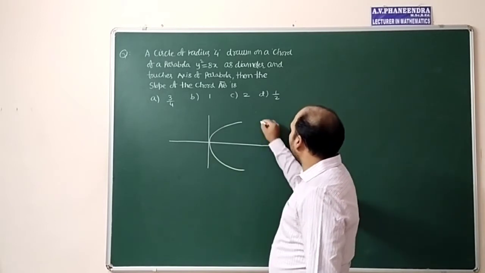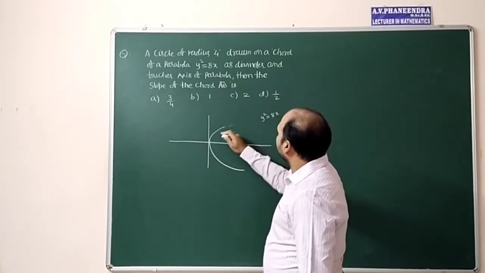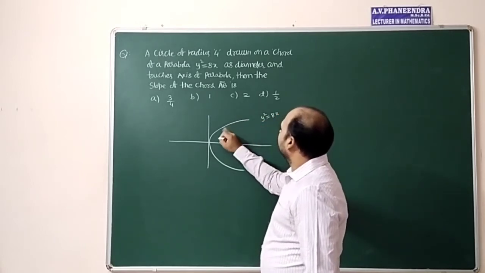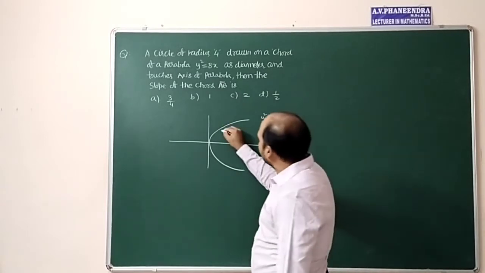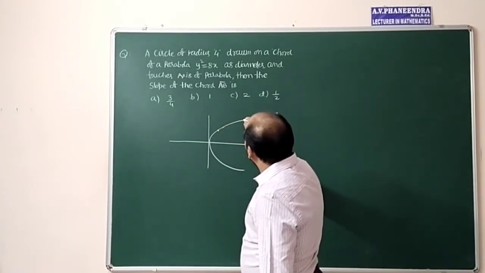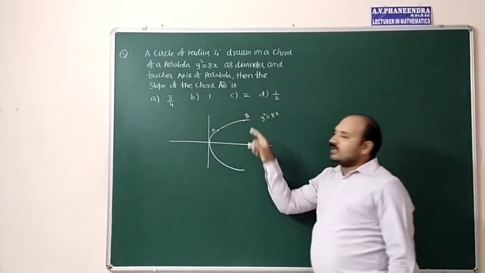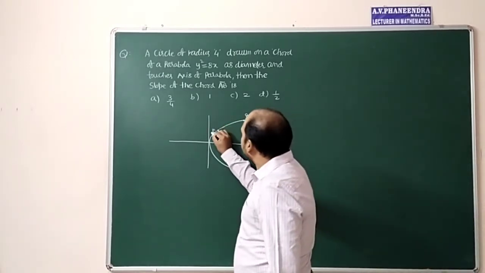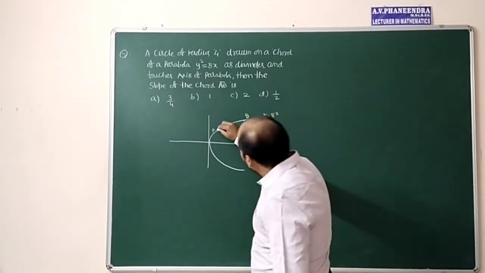Here is the parabola y square equal to 8x. On that parabola, a chord is there. For a chord, you have to assume two points on the parabola, A and B. Joining these two, AB is a diameter of the circle.